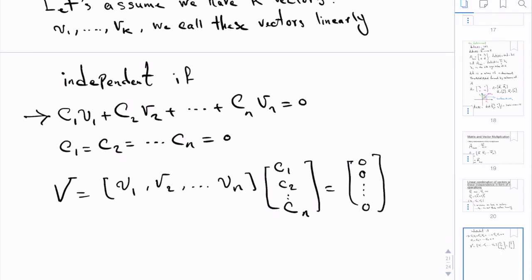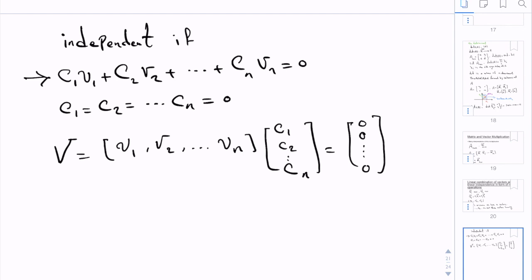In other words, sorry, it should be then V times C is a vector and V is a matrix, should be 0. So this is also a vector. V is a matrix of dimension, say, m by n, C is n by 1, and the result is also m by 1, right?